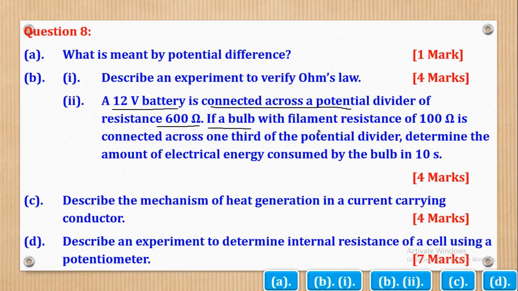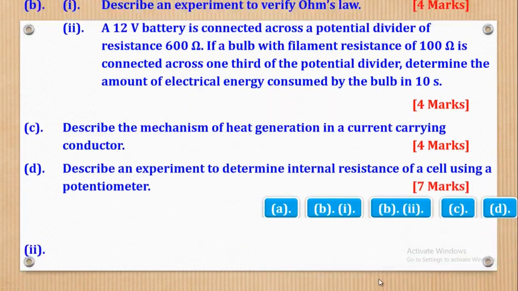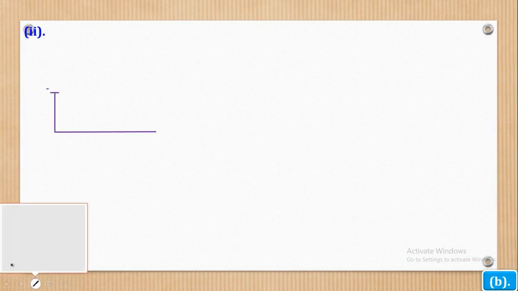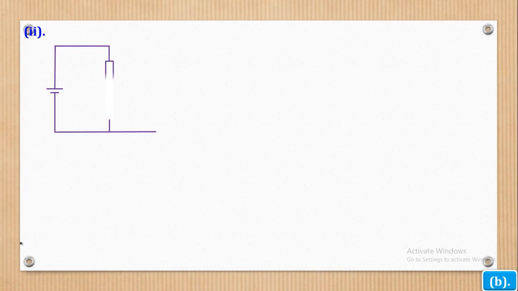If a bulb with filament resistance of 100 ohm is connected across 1/3 of the potential divider, know that word, 1/3 of the potential divider, determine the amount of electrical energy consumed by the bulb in 10 seconds. So let's first draw a sketch of what has been given in the question.